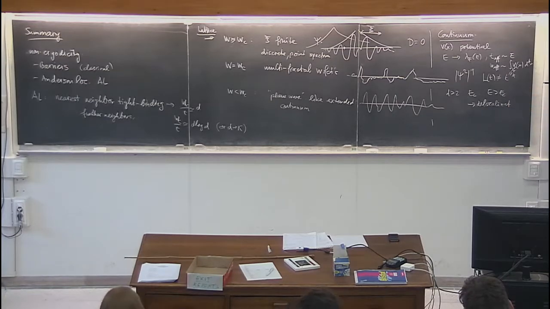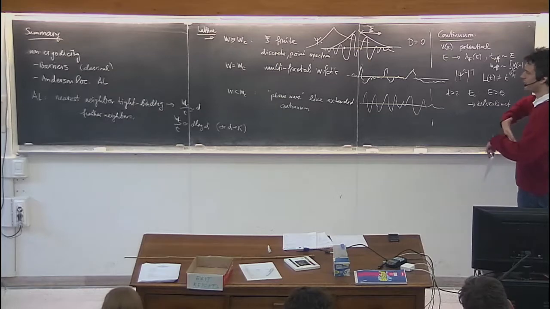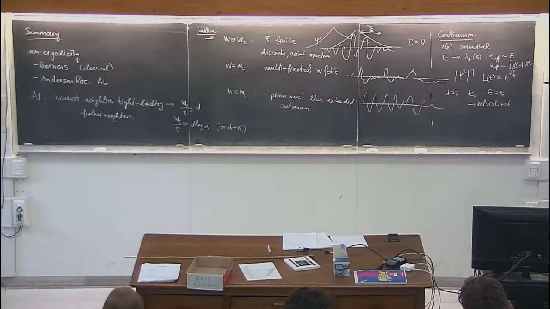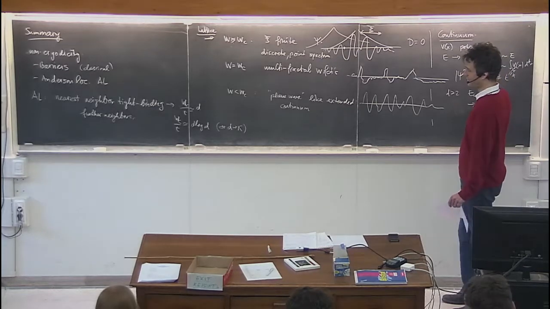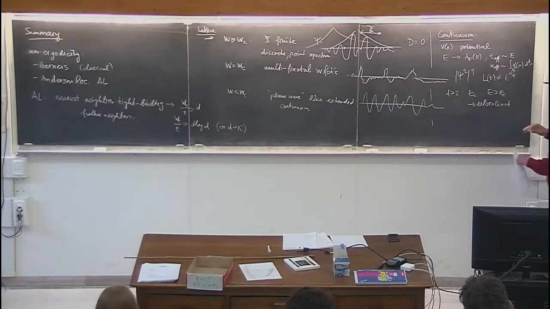So if you want true localization of everything, so you want nothing to move far away, then you have to make sure that this mobility edge doesn't exist, and that means that you should somehow restrict yourself to a lattice. Or you have to say, okay, I have a crystal, there is a lattice that determines where my sites are. I forget about the fact that if I excite to high energies, I don't see this lattice anymore, and it's free space.